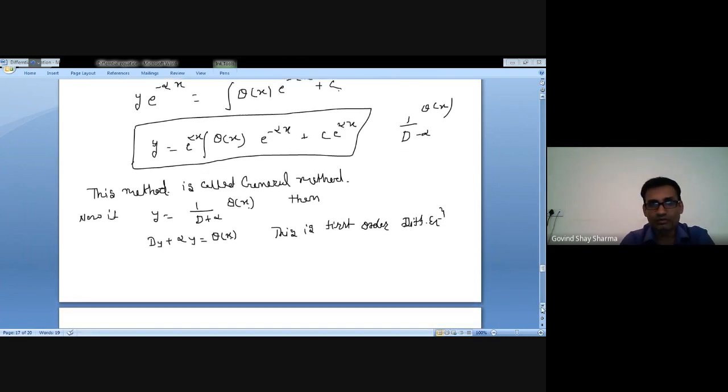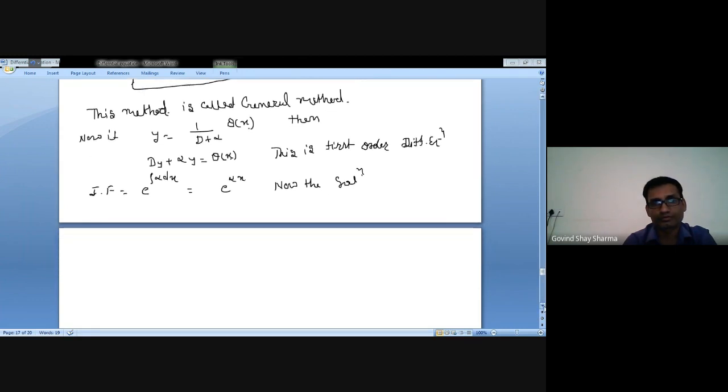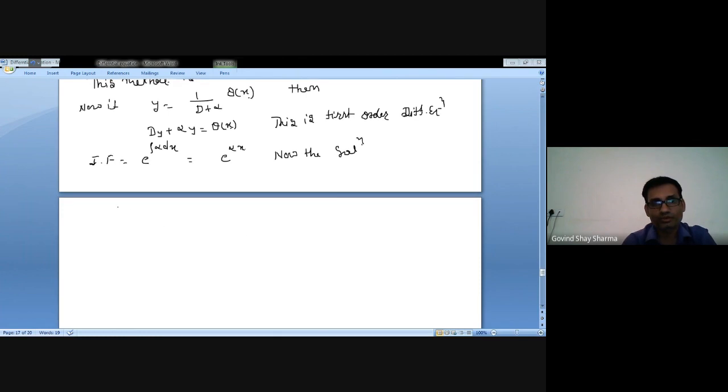Now we find the IF, which is e to the power alpha x. So the solution is y e to the power alpha x equals the integral of Q(x) e to the power alpha x.